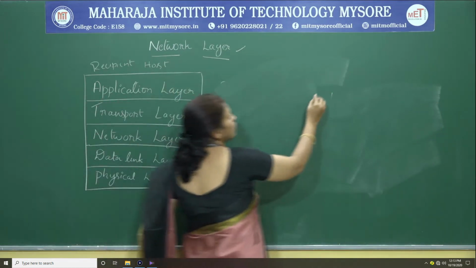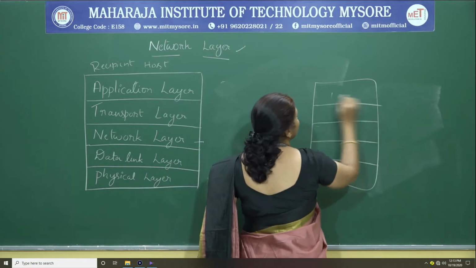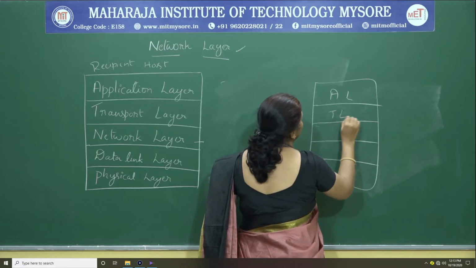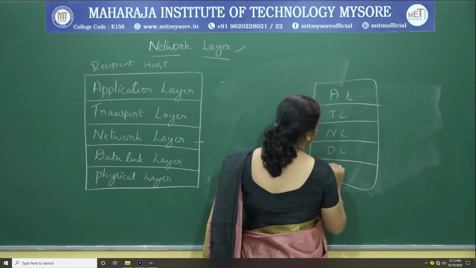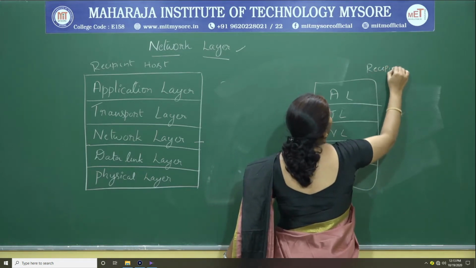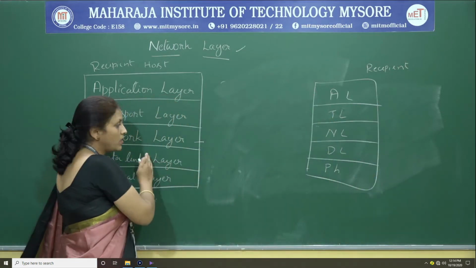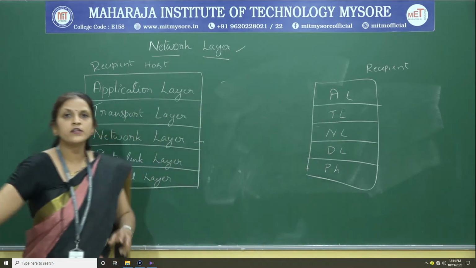And we have one more host located somewhere in the network, okay, this is the recipient host and I want to send an information or data from this host to this host. So, how does it work?